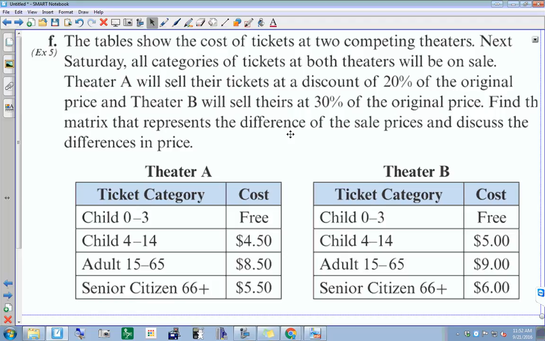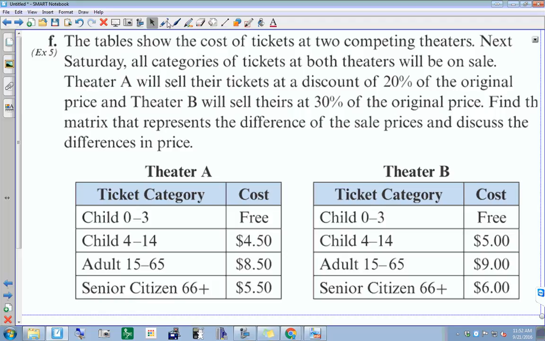Okay. So, Theater A is going to sell their tickets at a discount of 20%. So, it's going to be some money off, right? So, think of it this way: if the sale price is 20% off, what are you actually paying? What percent are you actually paying? 80%.